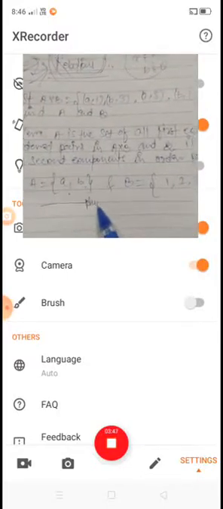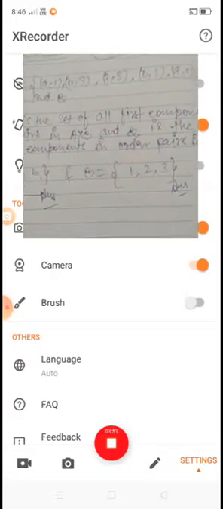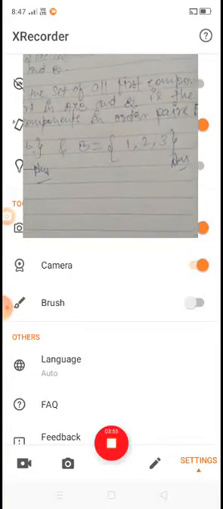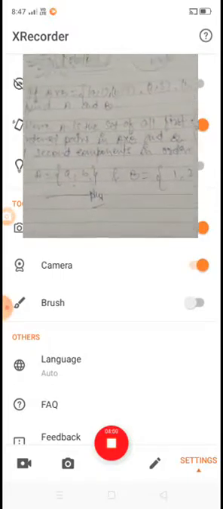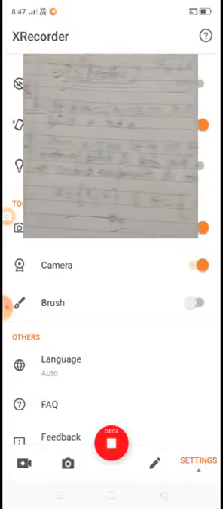This is your answer. In this way we solve that type of questions. Now dear students, you solve all the questions of your NCERT exercise based on these concepts.